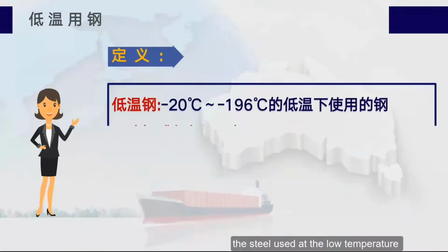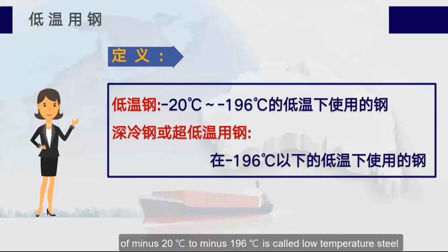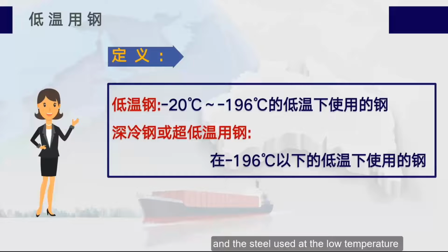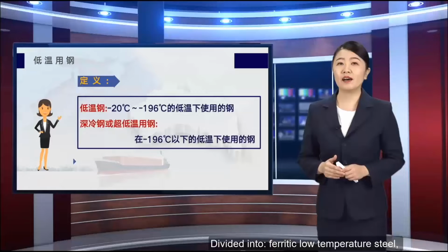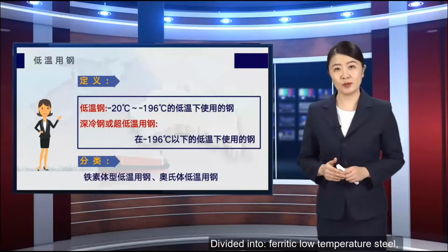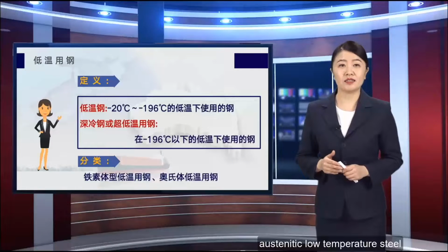Usually, the steel used at the low temperature of -20 to -196 degrees Celsius is called low-temperature steel. And the steel used at the low temperature below -196 degrees Celsius is called cryogenic steel or ultra-low temperature steel. Divided into ferritic low-temperature steel, austenitic low-temperature steel.